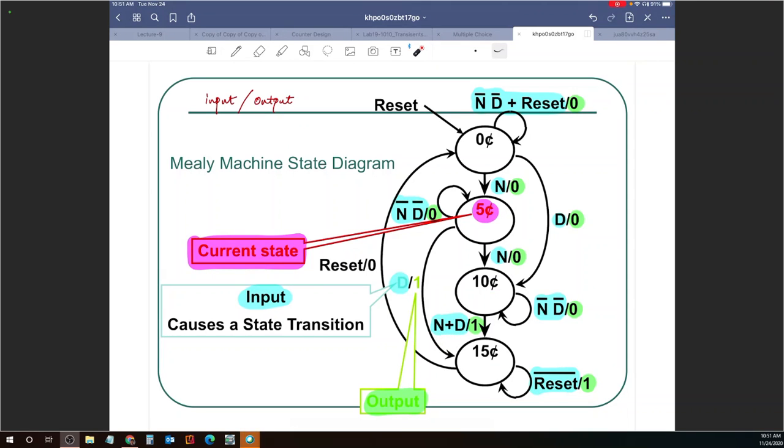You're not waiting for it to reach 15 cents. The vending is happening as soon as you get that input. All right, so it's just a change in how the outputs are represented. Everything else is the same.